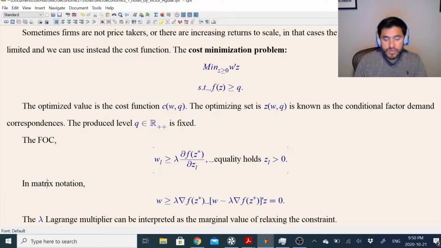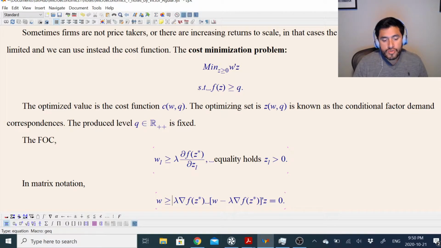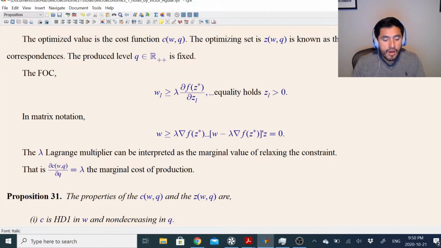And then in matrix notation, we can write it in the Karush-Kuhn-Tucker form. The vector of input prices is greater than or equal to lambda, a scalar, times the gradient of the production function, and then the complementarity condition tells you that this bracket is 0 whenever Z is positive. Otherwise, the inequality can hold. And you also have the interpretation for the lambda, which is the marginal cost of production. Okay.